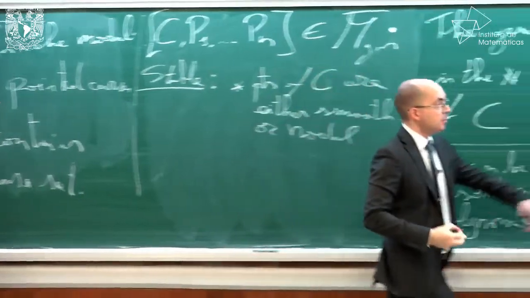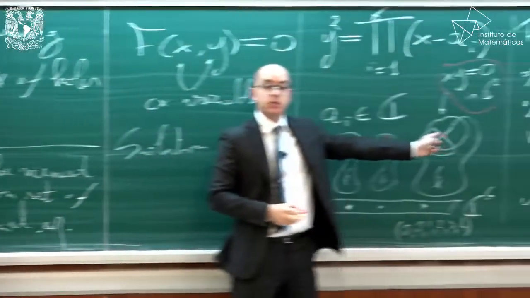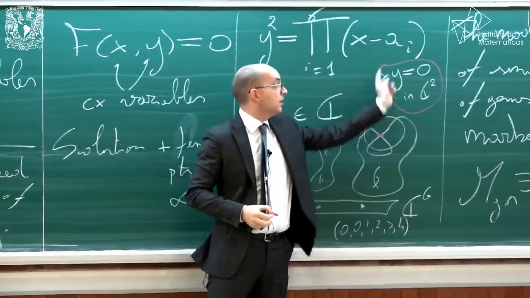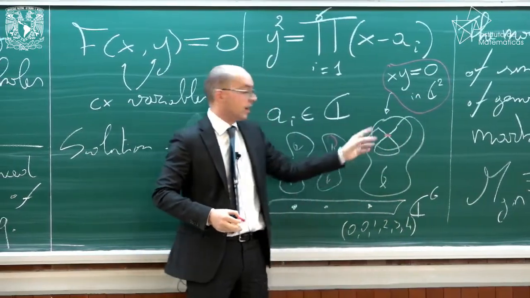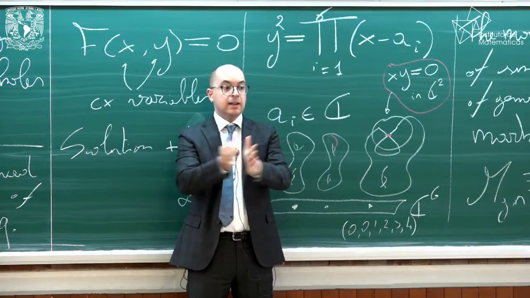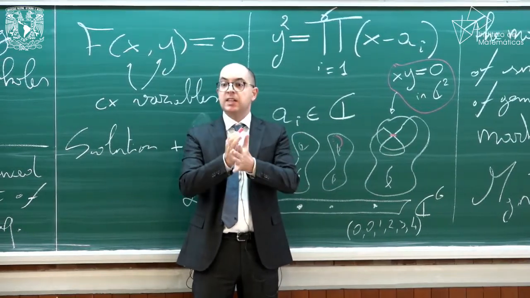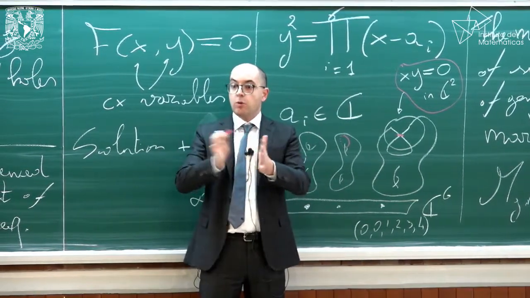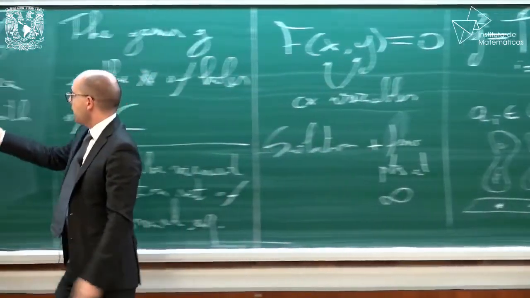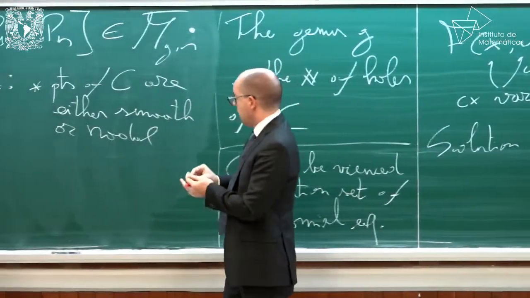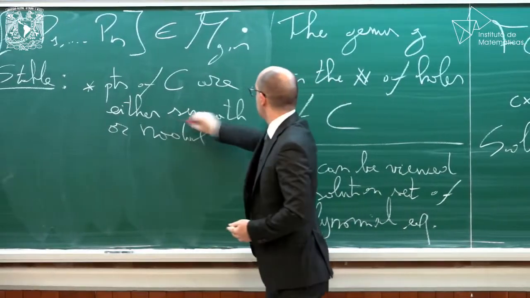By nodal point, I mean exactly a point like we have seen over here. Locally it is the origin of the solution set of this equation, which means locally your surface looks like a transversal union of two copies of C meeting at that point. Or it can be smooth, of course. So this includes the smooth curves.